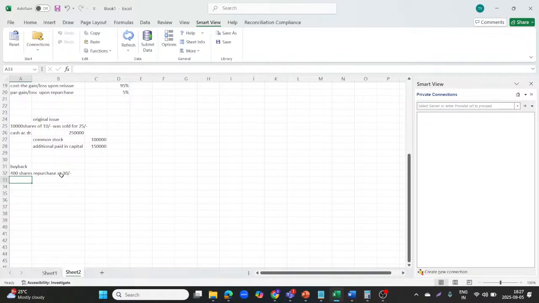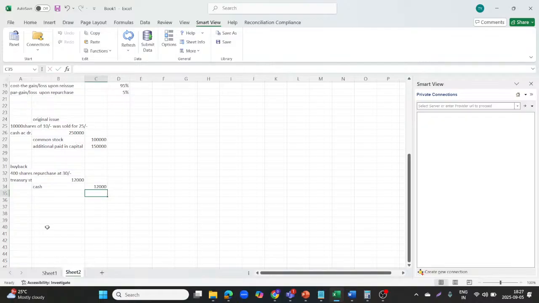So what will be the entry? You will debit the treasury stock account, because now you are buying back. 400 shares at 30 rupees, so you record it at 12,000, and you are paying cash, so you record 12,000.